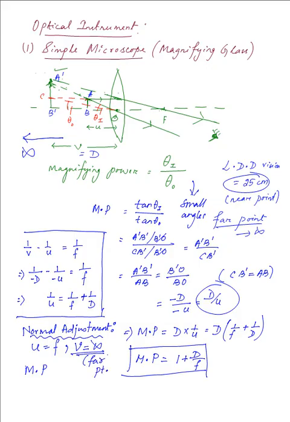In that case, you have the magnifying power equal to simply d over u. Instead of u, you have the value f because u is equal to f. So if you place the object at the focus of the given lens, then you get a magnified image which is received at the far point, and you can view it properly.